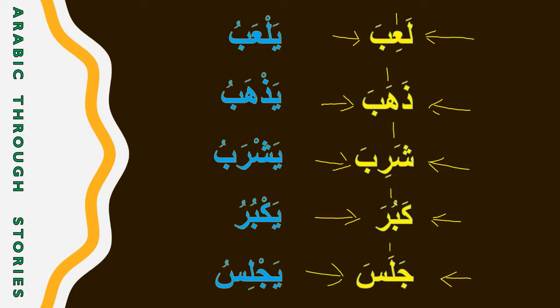So what do we know? That sometimes it is fa'ila, which is kasra. Sometimes it is dhahaba, fatha. Sometimes it is dhamma, fa'ula. So unfortunately in Arabic there is no rule that says what should be on the middle root letter of the Madi.